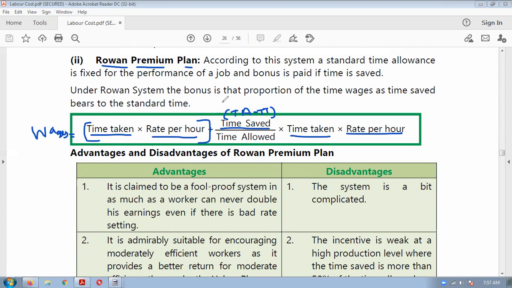Halsey plan formula: time taken into time rate plus 50% of time saved into time rate. The Rowan plan formula also you have to remember. First is the basic part of the salary, that is time taken into time rate per hour, plus this part is the incentive: time saved divided by time allowed into time taken into rate per hour.